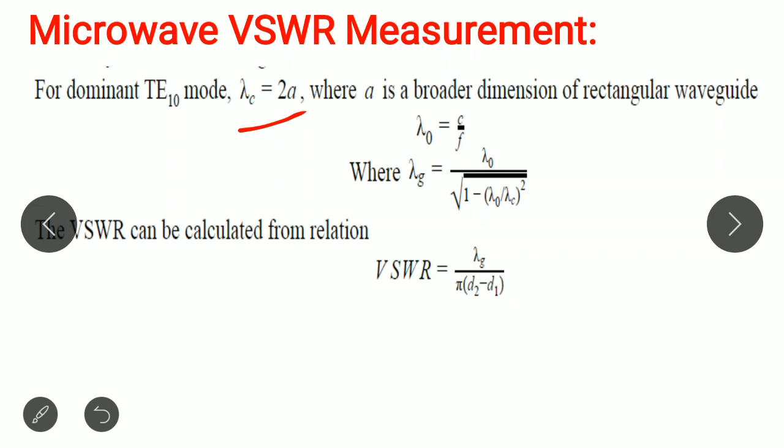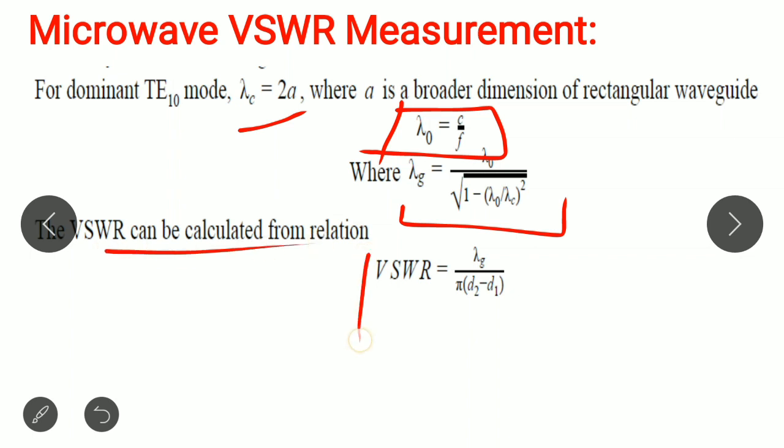The value of lambda c equals 2a for the dominant mode, the value of lambda 0 equals c by f, and the value of lambda g equals lambda 0 upon the square root of 1 minus lambda 0 upon lambda c whole square. And by this we can calculate the VSWR using the formula VSWR equals lambda g divided by pi times d2 minus d1.